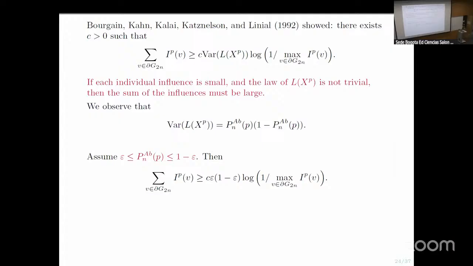Then I need to control the maximum of all the influences, and using the symmetry that I have for the game of Alice, I can bound this sum by this to the power n times the supremum.